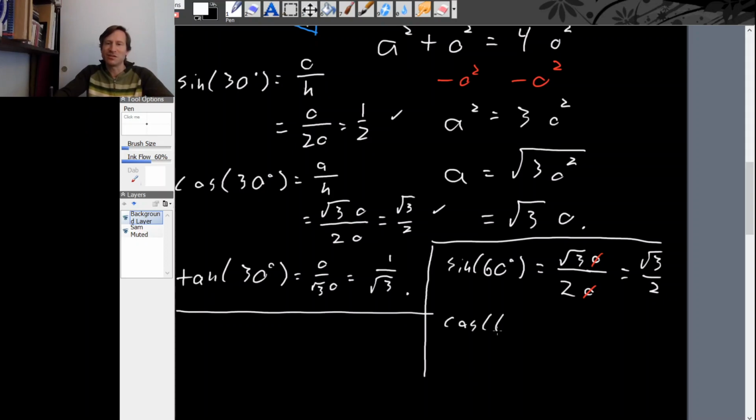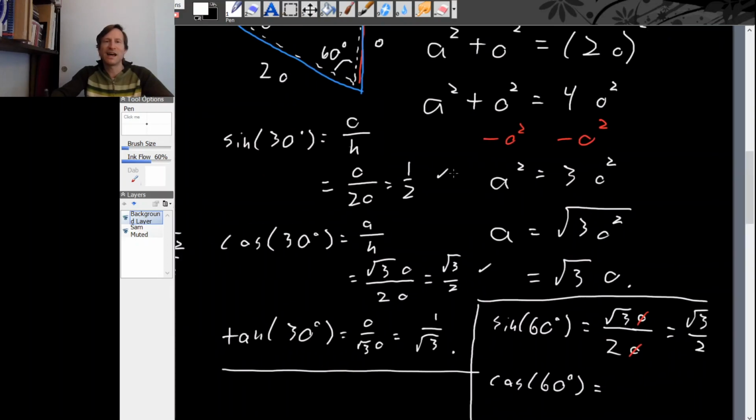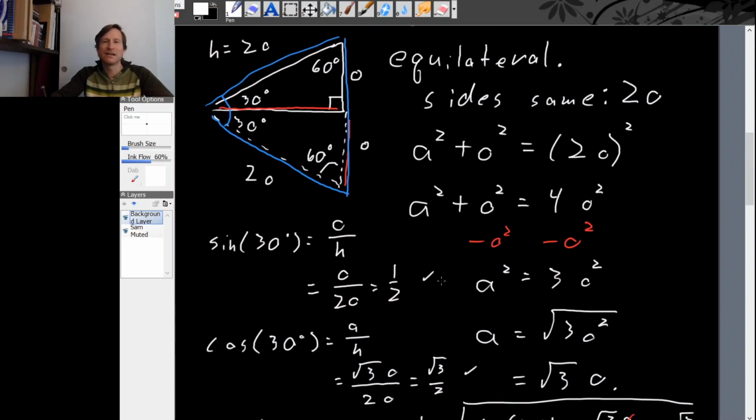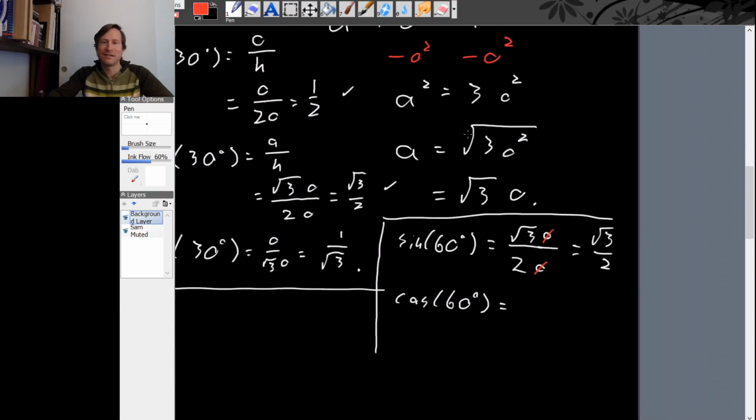Cosine of 60 degrees is, again, we have to look at the side adjacent to the 60-degree angle, which is confusingly called O in this diagram, and the hypotenuse, which is 2O. So this is O divided by 2O, and then simplify the O's, you get a half.